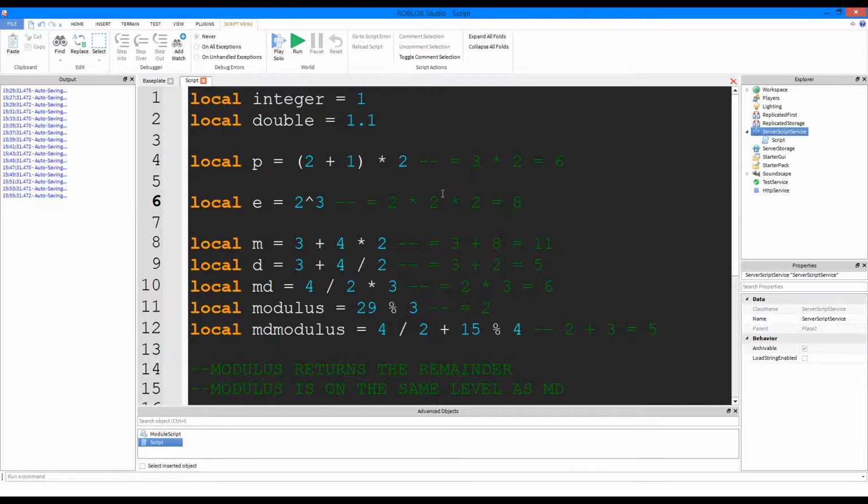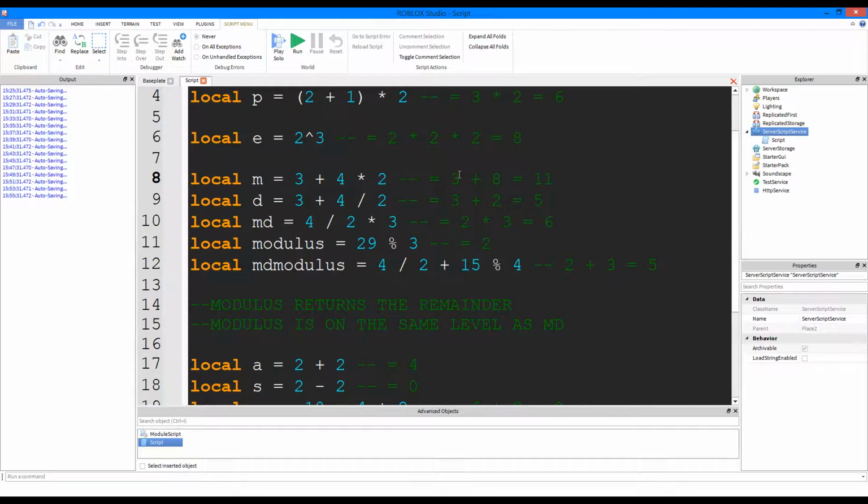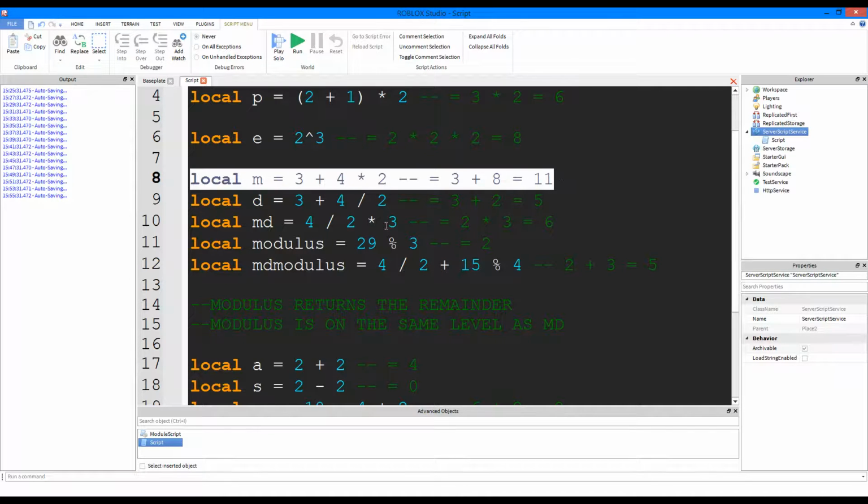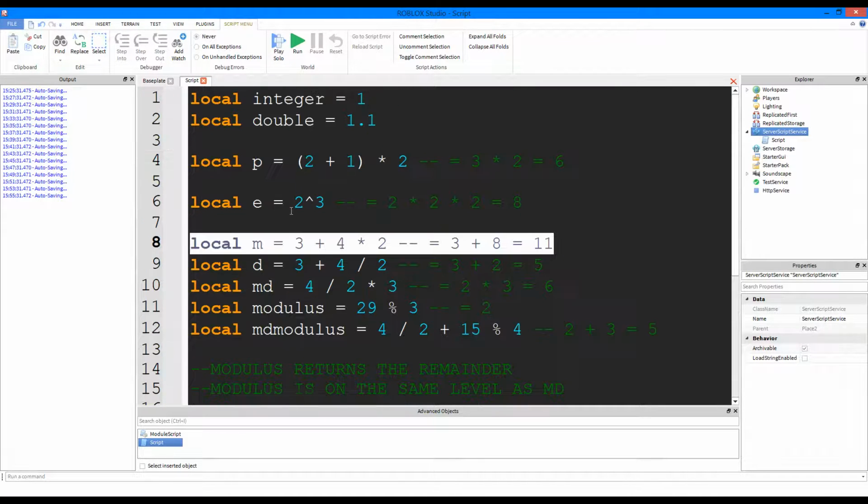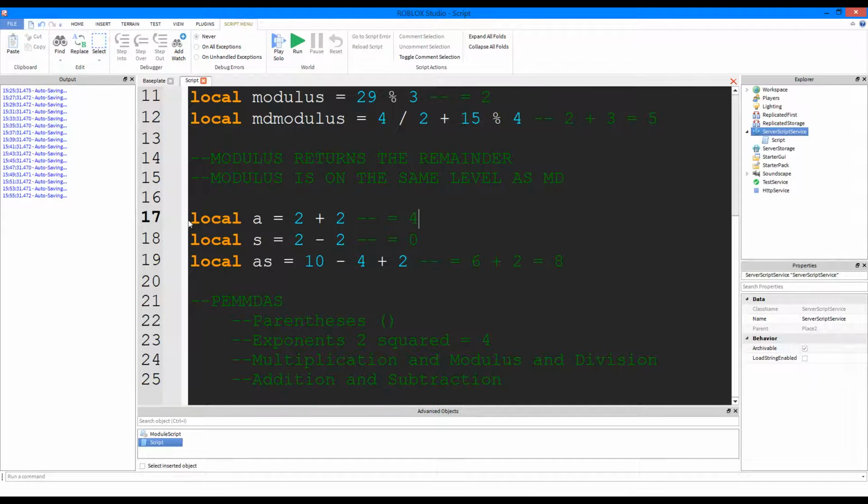Alright? Next up is multiplication. Multiplication, division, and modulus. MMD in PEMDAS. They all are on the same level as each other, and therefore they will go left to right in importance when you have multiplication, division, and modulus all in the same equation. After that is addition and subtraction, and again, it's going left to right.